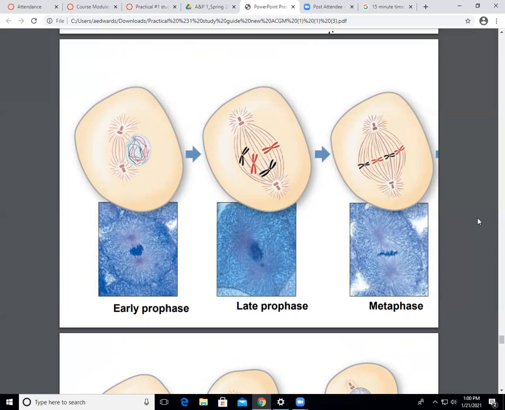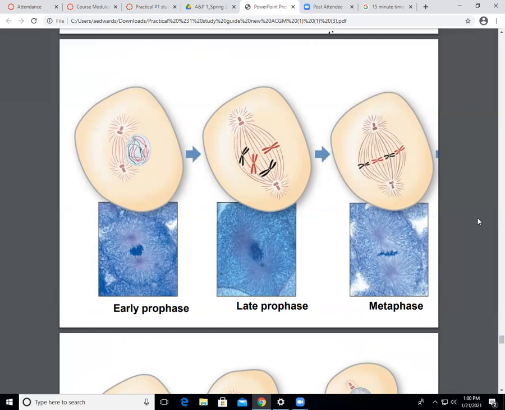First phase of mitosis is prophase. When thinking about mitosis, use the acronym PMAT. So we're at prophase.